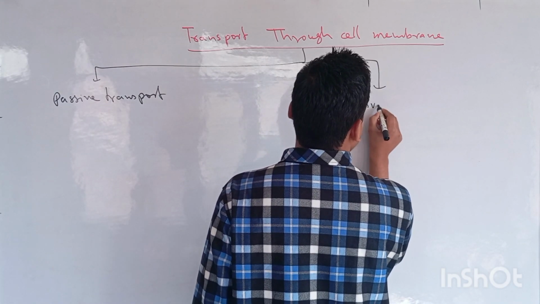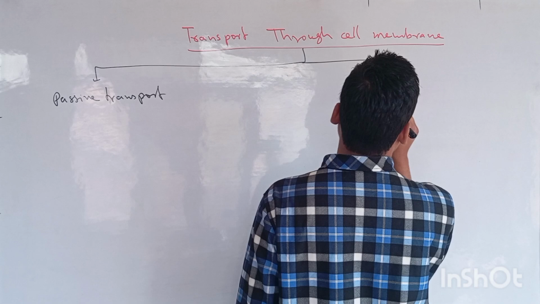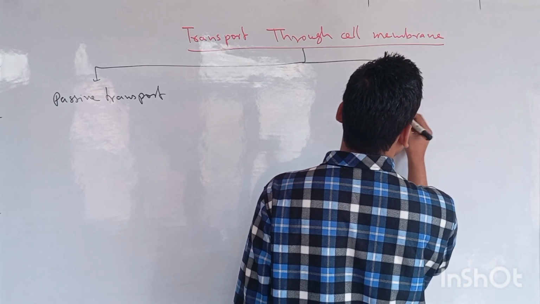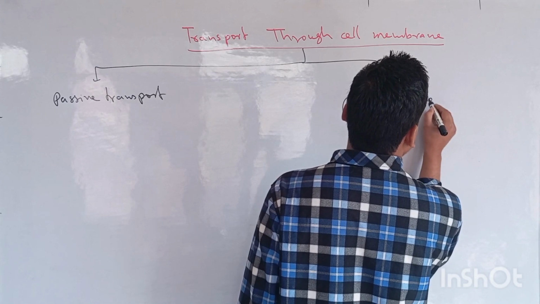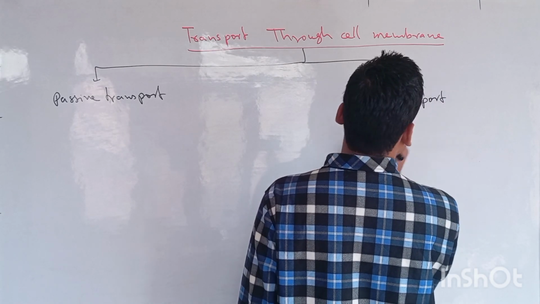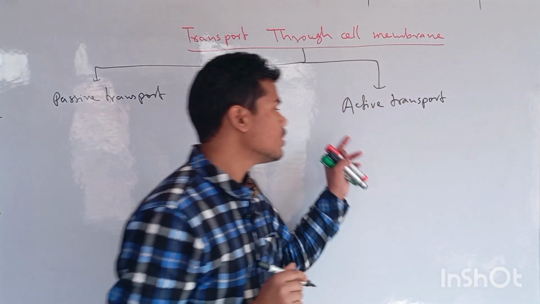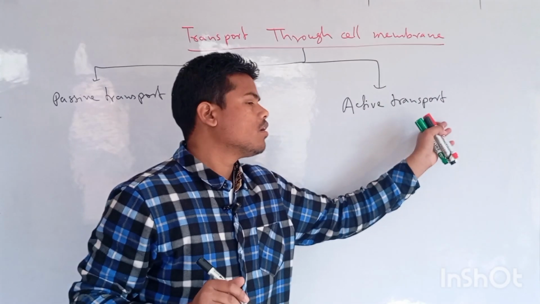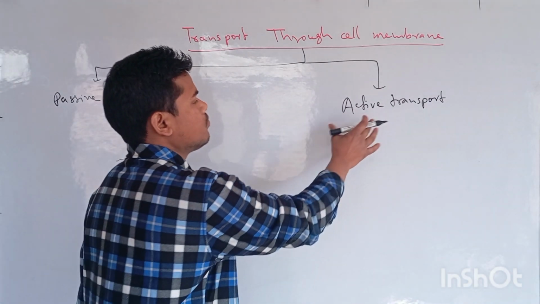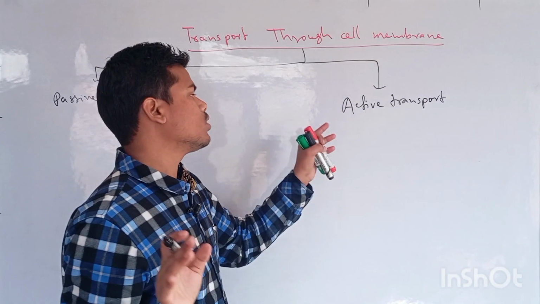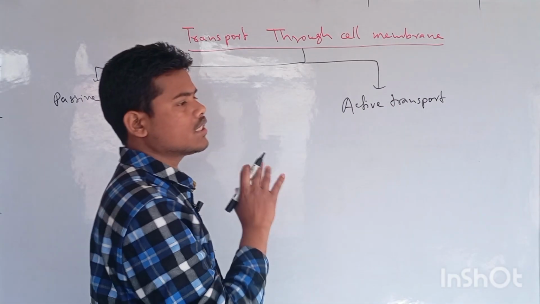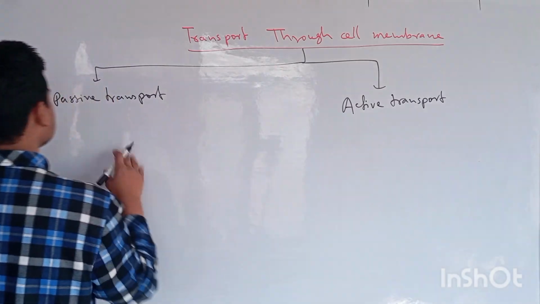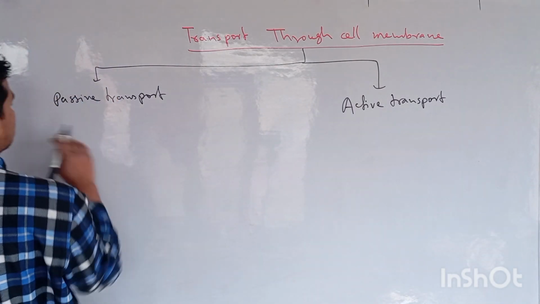As the name suggests, passive transport will not consume or require energy, ATP, but active transport will use energy, directly as ATP or indirectly. In active transport there will be secondary transport too, but I will discuss that later when it comes.